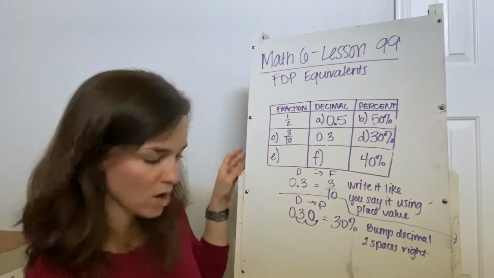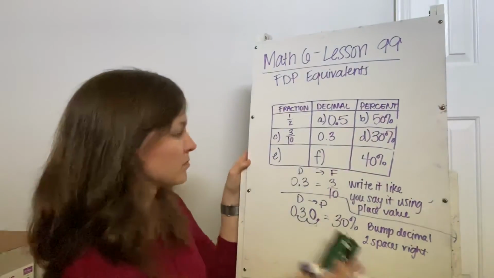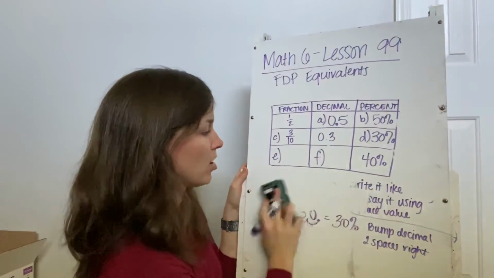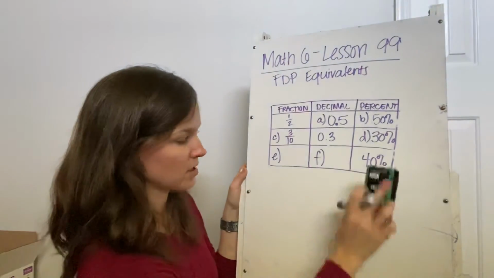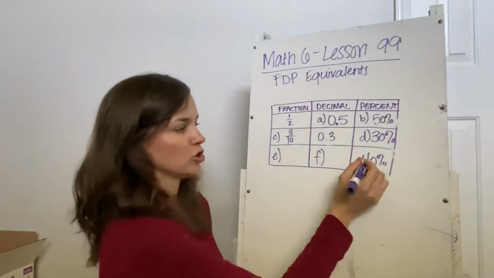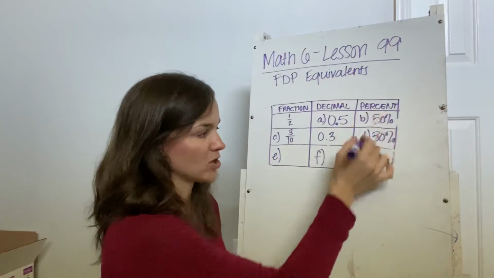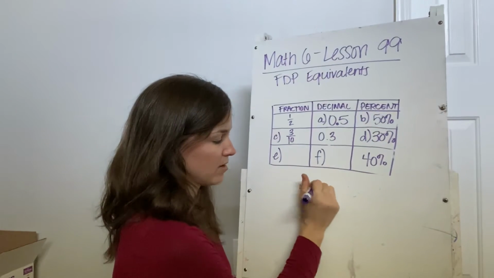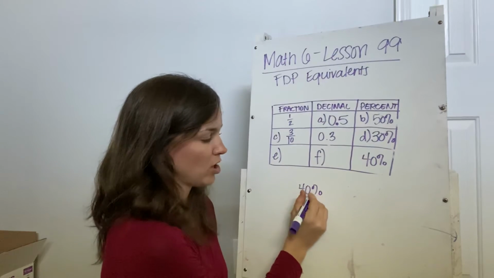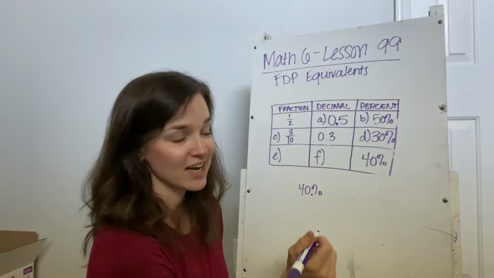We got one more row to finish out here. Let's take a look at this bottom row. They give us a percent of 40%. We've already talked about turning the percent into a decimal. So 40%, we know to turn into a decimal. Remember, if that decimal isn't there, it's always at the end.